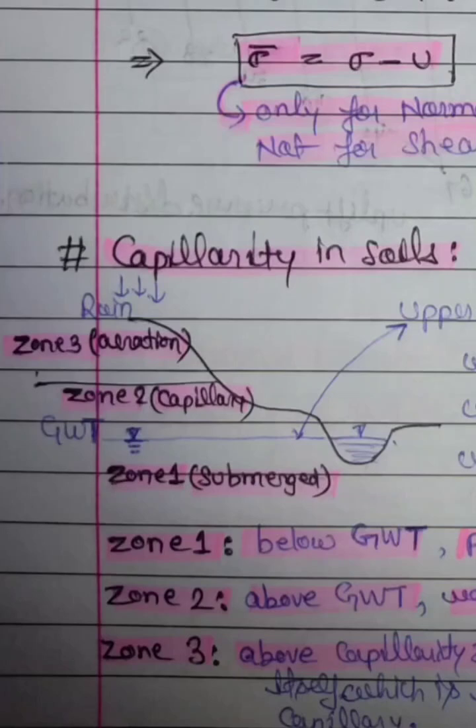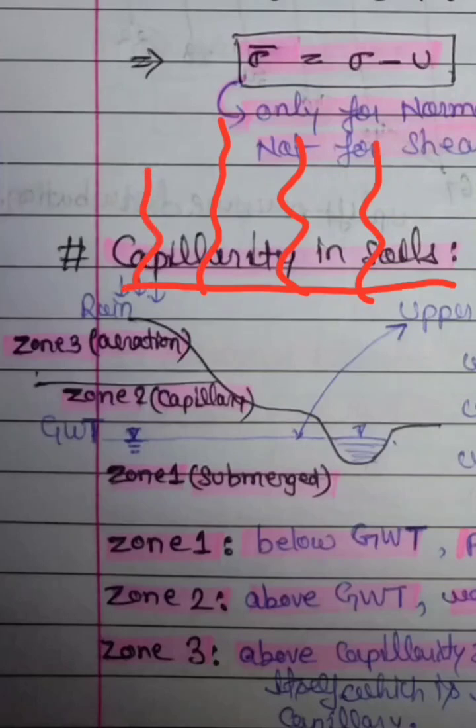Above it there is a zone which is called the capillary zone, and above it there is zone 3, which is called the aeration zone. So in the capillary zone, above the groundwater table, there is some limit of the distance up to which the water can rise in fine voids of soil due to the surface tension force, or we can say the capillary force.